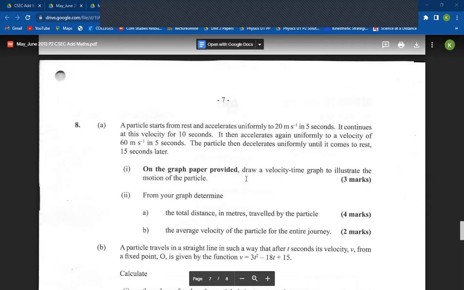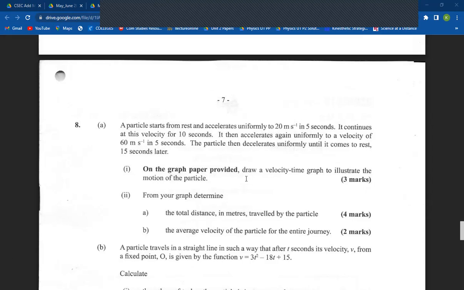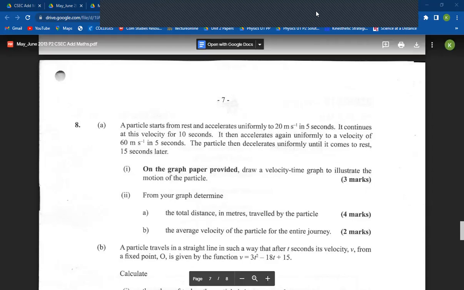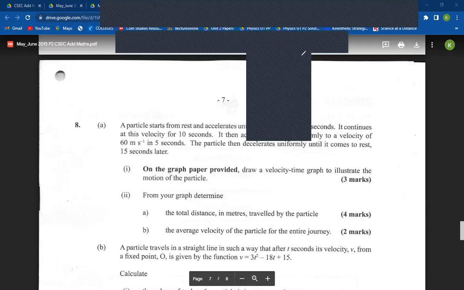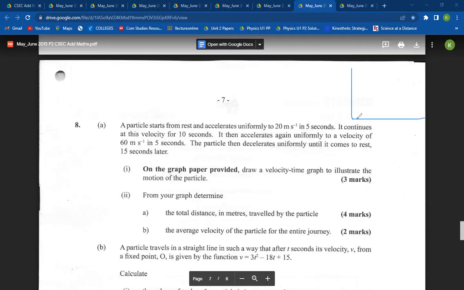You need to practice sketching. Well, not sketching. Sketching and drawing or plotting a graph are two completely different things, right? Sketching is not to scale, meaning I can just draw this, show them the general shape of the graph. Let's say it looks like this.